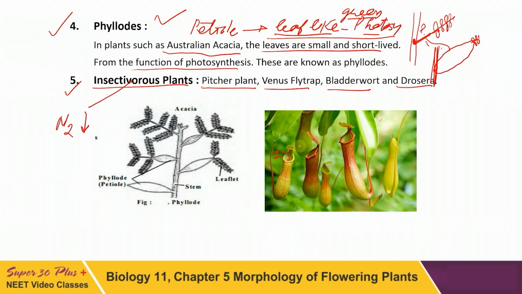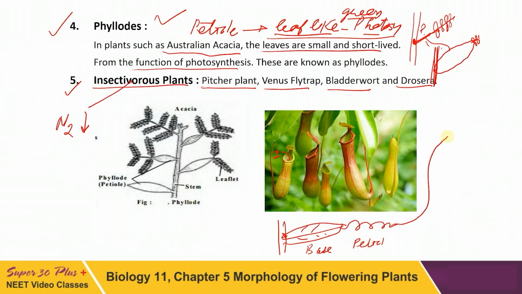Here in the case of pitcher plant, what is there? This is the leaf base, which becomes leaf-like. The petiole has become tendril-like, and the leaf lamina has become this pitcher-like structure. What are you seeing here? Pitcher. Okay. Come to this point also.